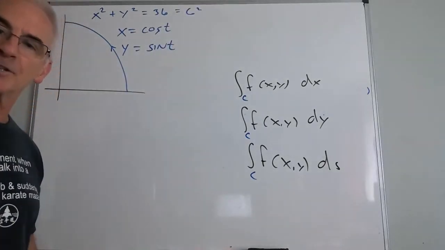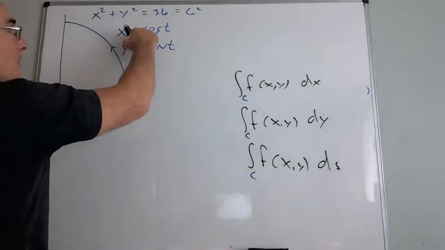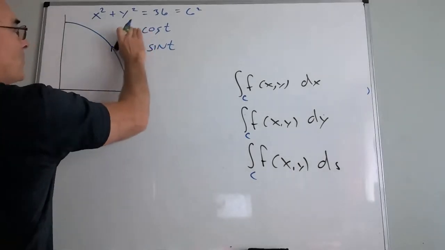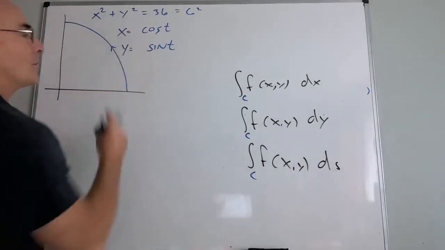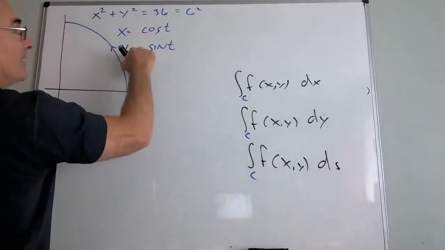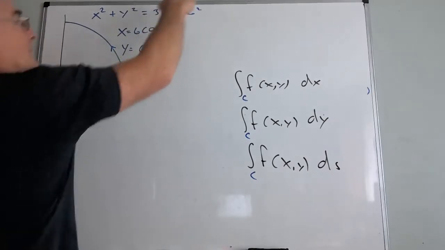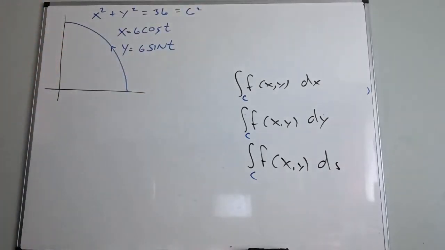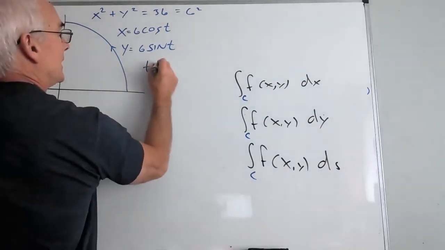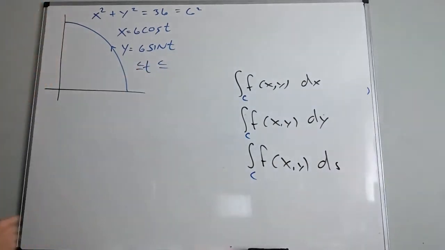If I'm parameterizing along a circle, well, think polar. Isn't x and y both r cosine, r sine? So what should go here? 6. Oh, okay. Now when I do x squared plus y squared, yep, okay. If I forget the 6, then I'm only doing a circle of radius 1. And then the last part of this is t will range from what to what?